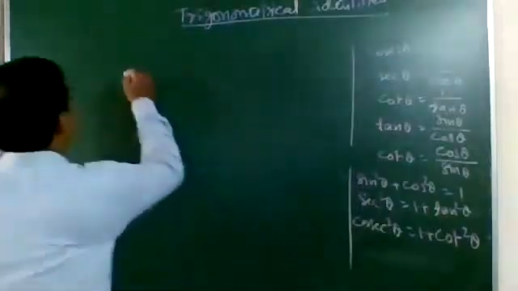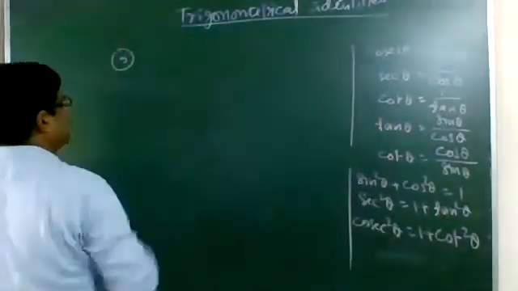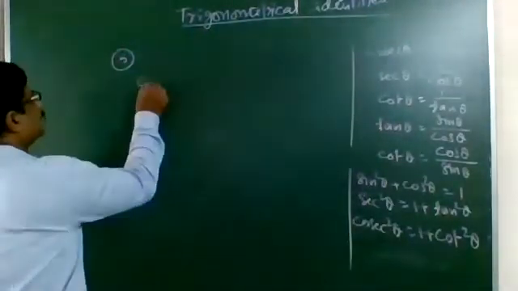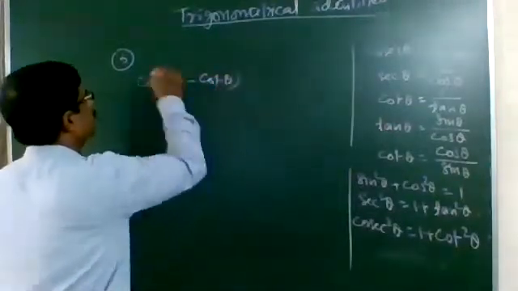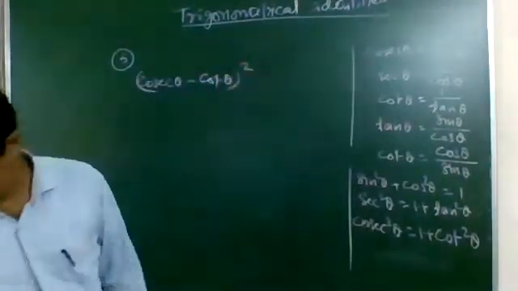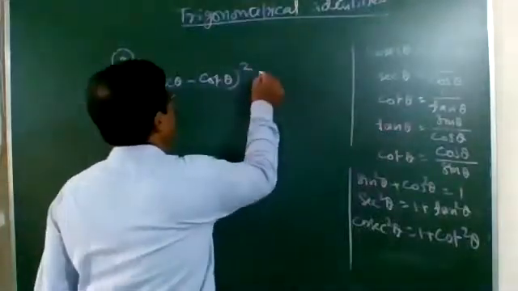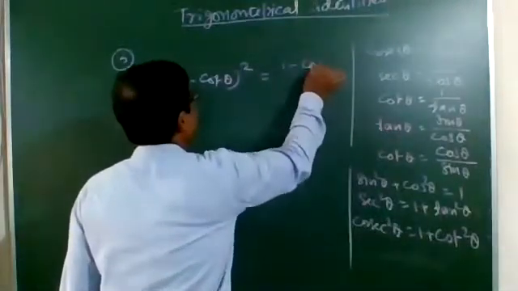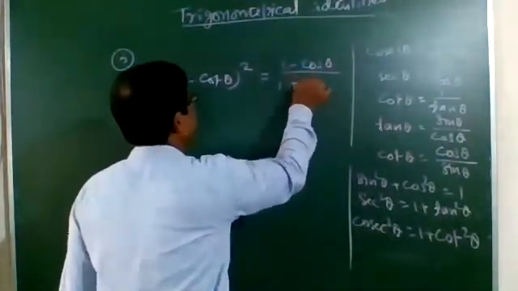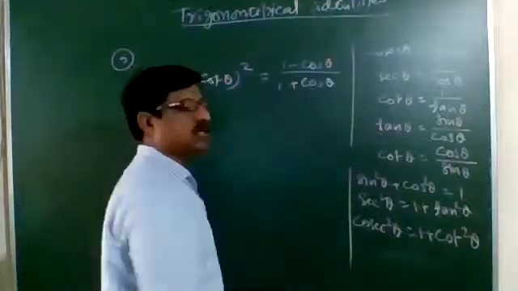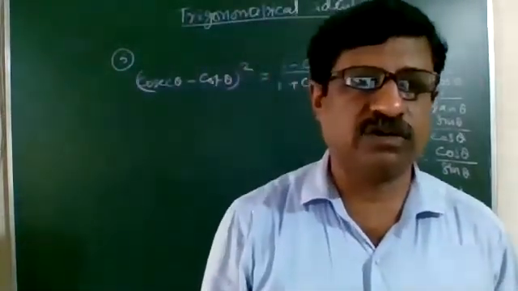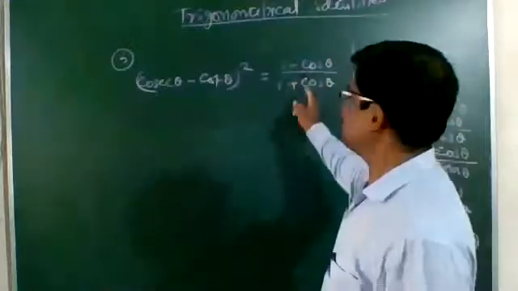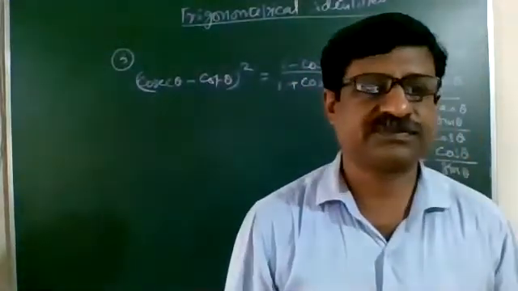Now we are doing some identities from the exercise. The question is: show that (cosec theta minus cot theta) whole square is equal to (1 minus cos theta) upon (1 plus cos theta).